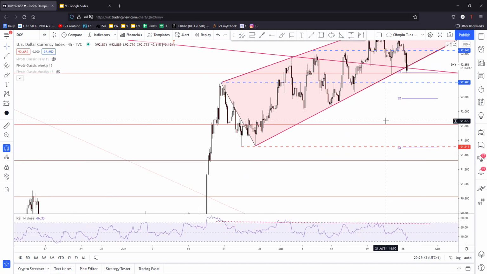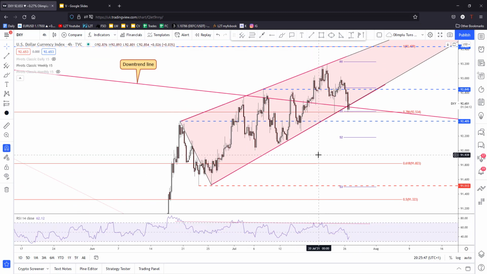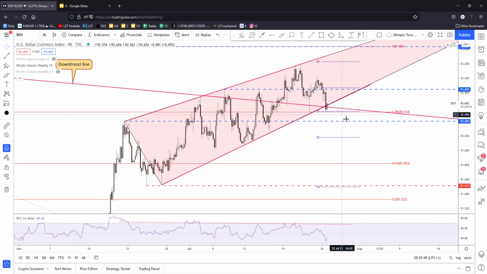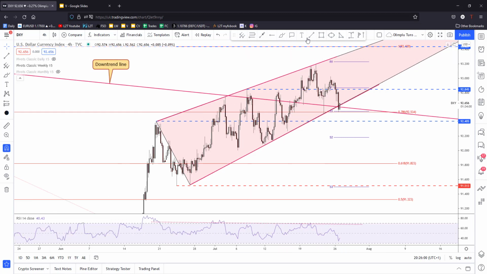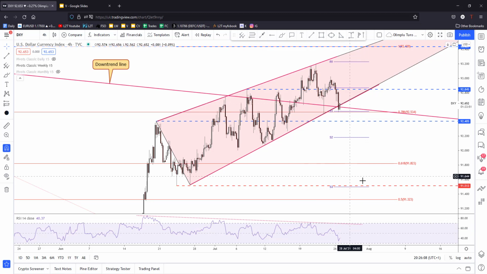The DXY has finally closed below the uptrend line. It has found support on the 78.6 retracement level. Also, it has failed to close below the S1 weekly support, 92.54, and here as well. One moment, I want to show you guys that we have this bearish divergence.